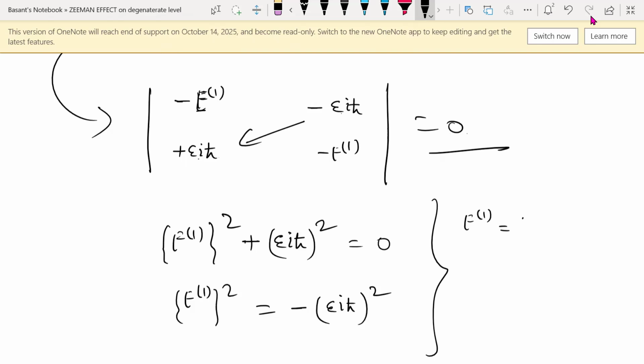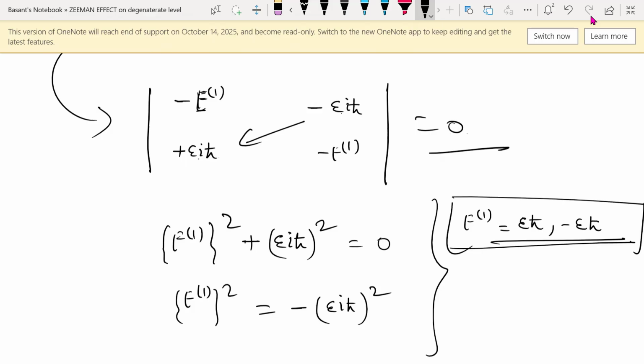So by combining this, it becomes epsilon h-bar and minus epsilon h-bar. These are the two values we got here.